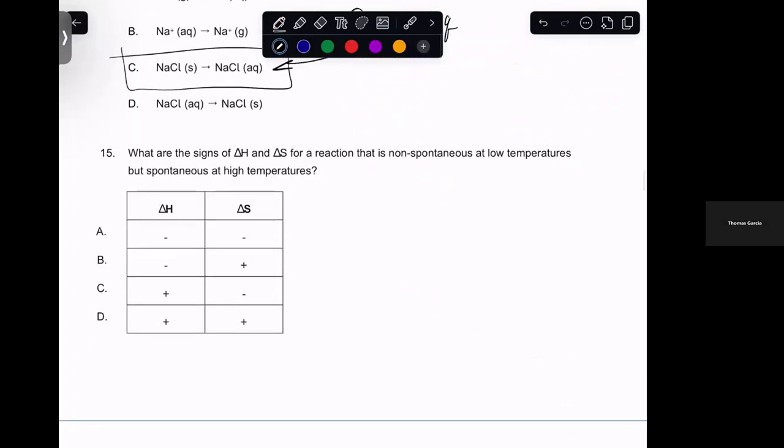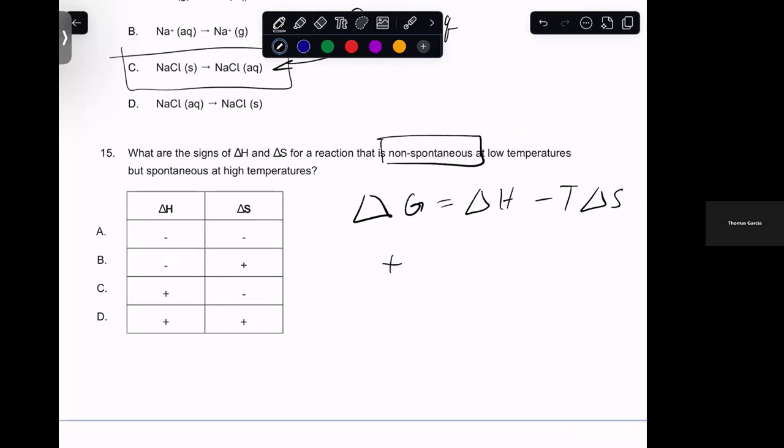All right. 15. What are the signs of delta H and delta S for the reaction that is non-spontaneous at low temperatures, but spontaneous at high temperatures? So generally what I like to do is write our equation. Delta G equals delta H minus T delta S. If it is non-spontaneous at low temperatures, what I just try and do is imagine the lowest possible temperature, which might be 0.